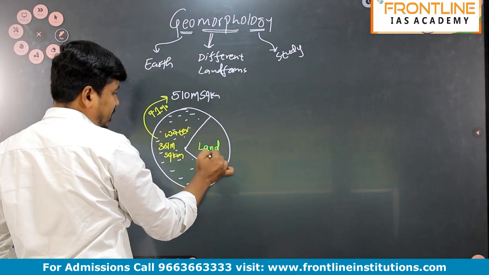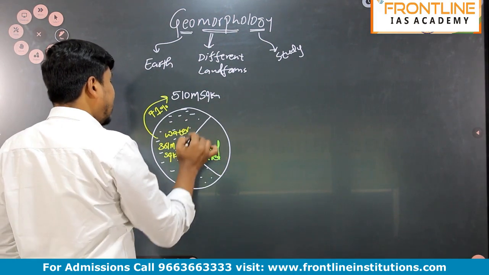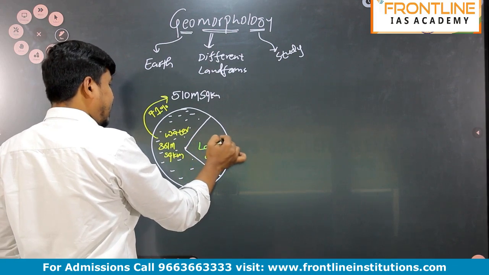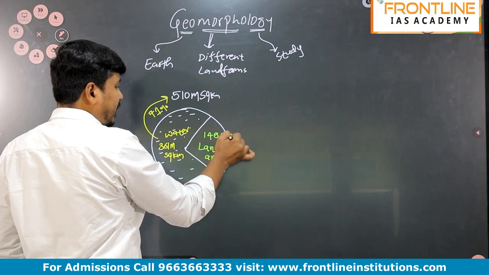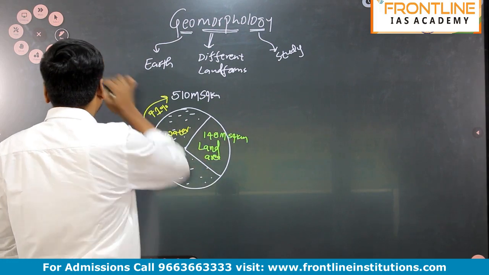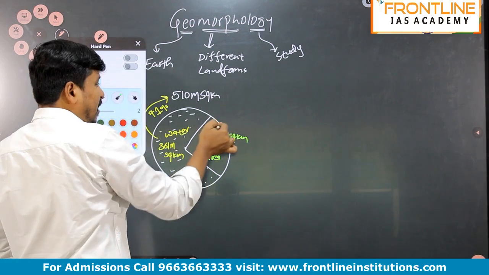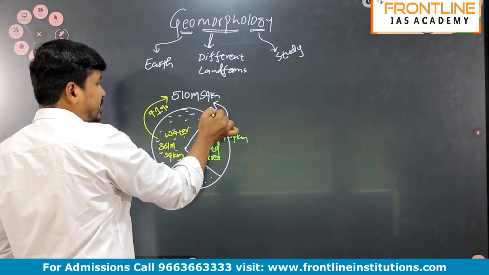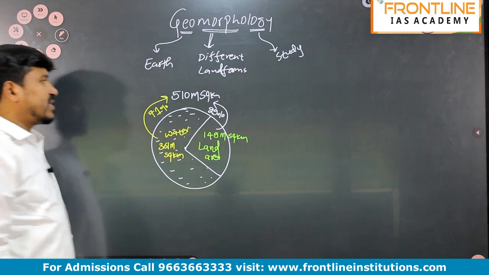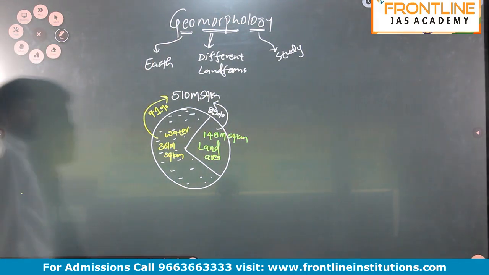The land area is 149 million square kilometers, and this 149 is 29% of the total area of the earth.